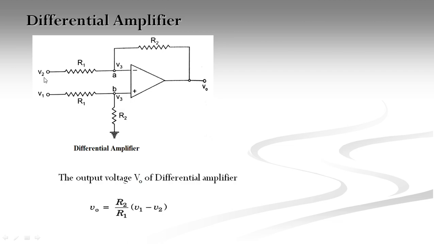How we got the differential amplifier output equal to R2 divided by R1 times V1 minus V2, we'll see in the next video sessions.